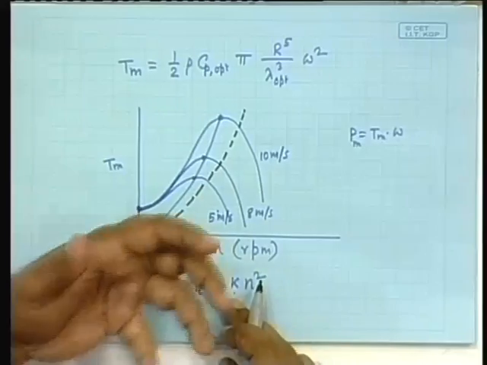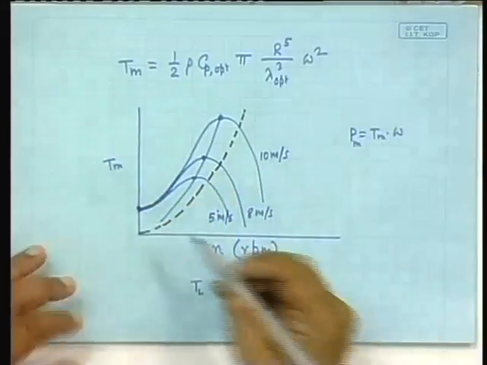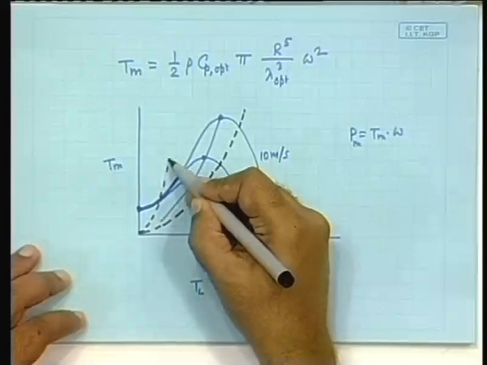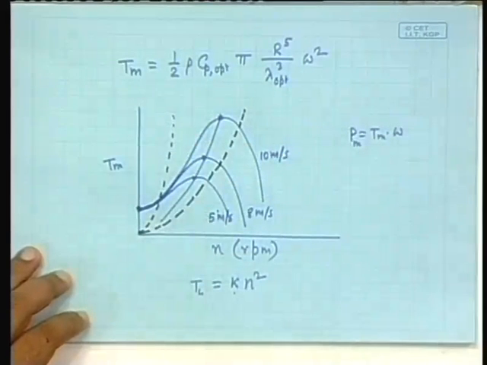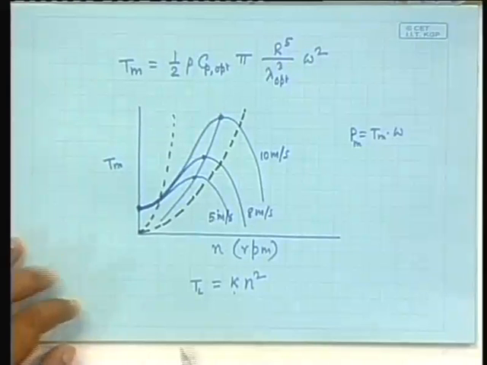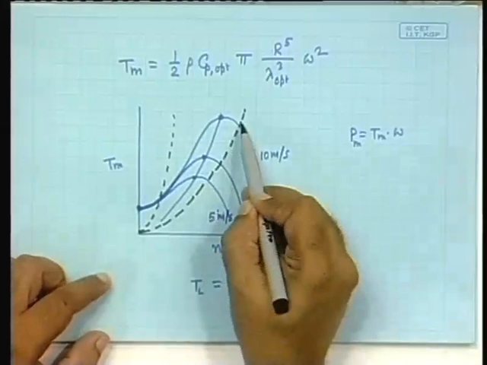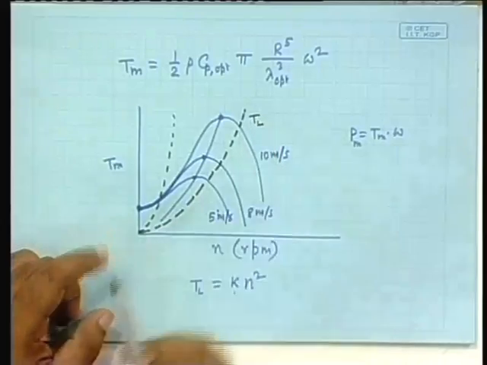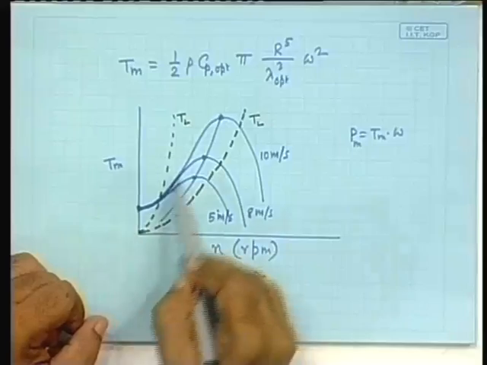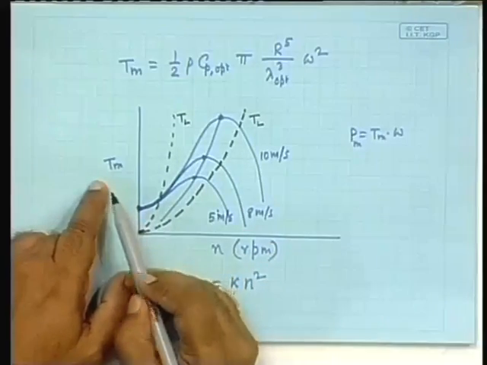If it is further wrong choice, say to the higher side, then what happens? It goes like this. What is the result of that? Notice this is the characteristic of the load torque TL, and this is the characteristic of the generated torque.